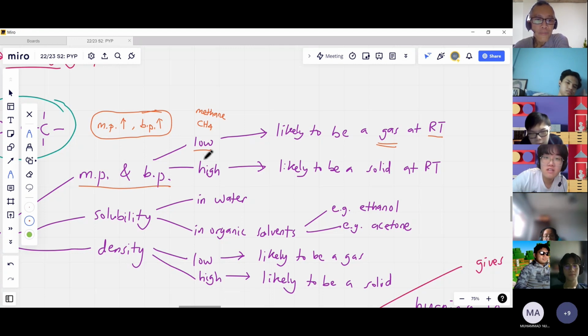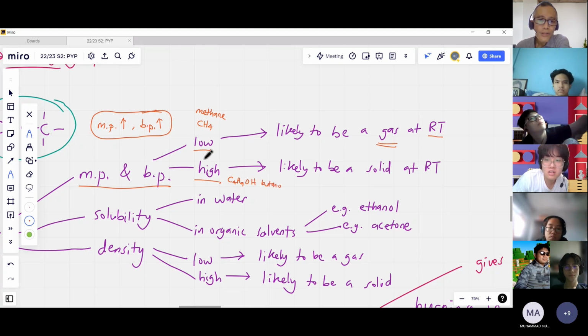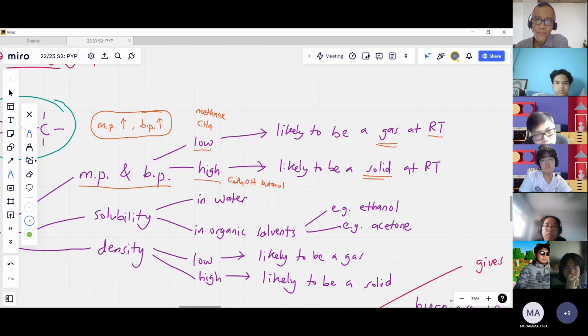Of course, if we say that the melting point or boiling point is high, let's say for example, butanol. They are relative to each other, so we are comparing methane against butanol. Methane has a low melting point and boiling point. Butanol has a high boiling point and melting point. So, not surprisingly, it tends to be a solid. Maybe not for butanol, but if you go even higher, maybe I give you a really high one.